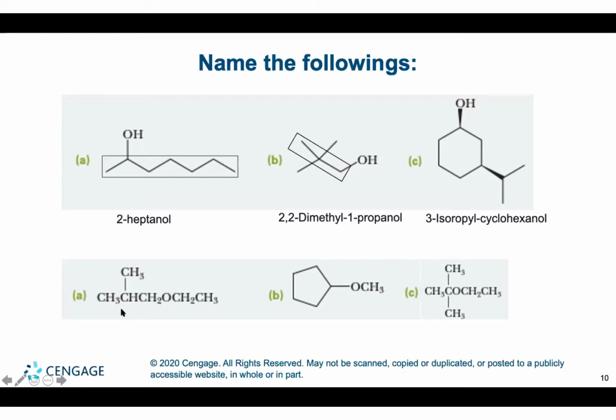This is an ether, guys. What about this one? This is also an ether. There is a carbon on the right side of it, there is a carbon on the left side of it. Here is a carbon too. What about this one? This is also an ether. There is oxygen, there is a carbon on the left side, and there is a carbon on the right side of the oxygen.